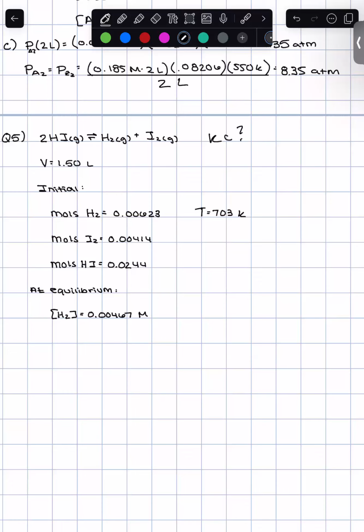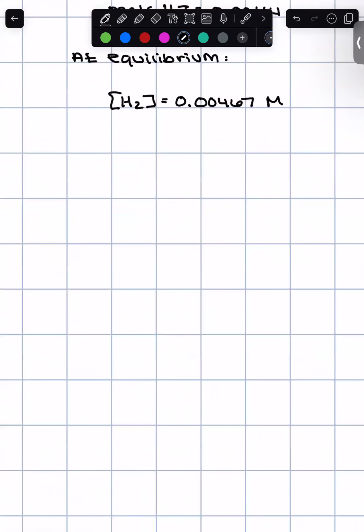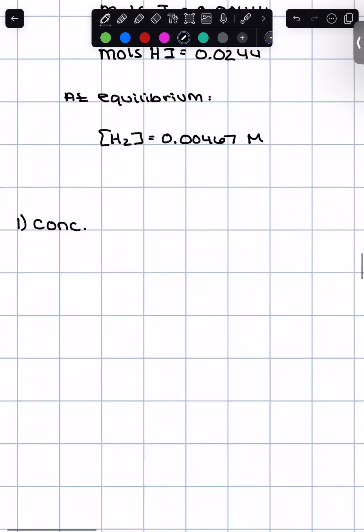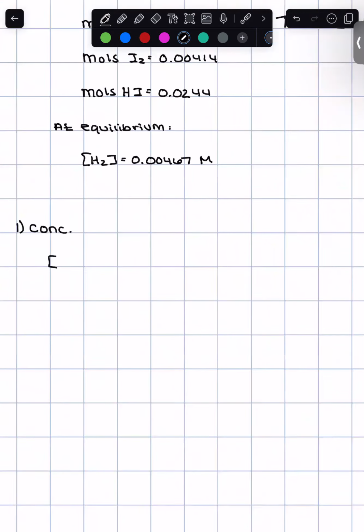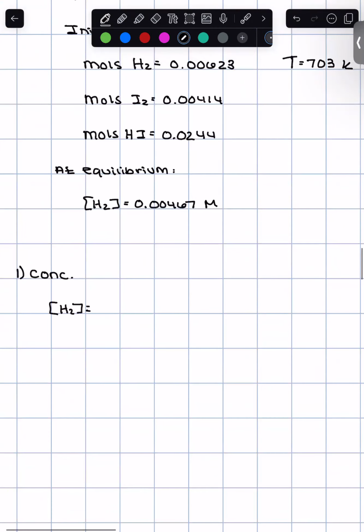All right, are we ready to go over this? Yeah. All right, cool. So first things first, let's find our molarities. We have our moles and we're given 1.5 liters. So the concentration of H2 is equal to 0.00623.